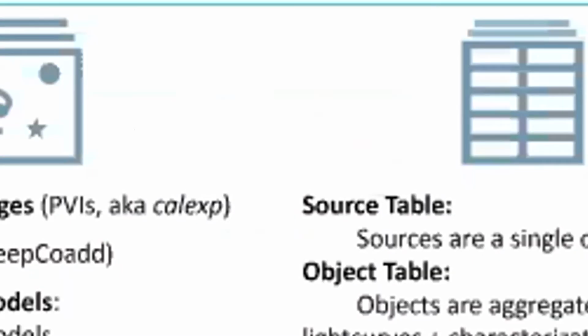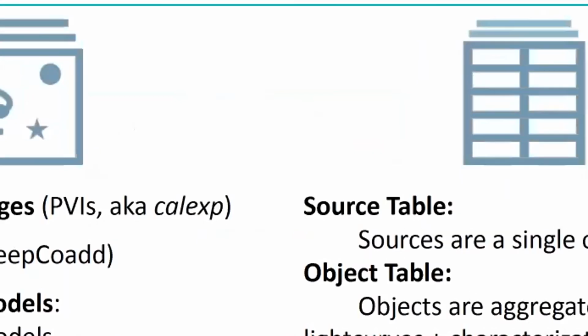Okay, so images and catalogs. Processed visit images are the official name for the single frame outputs. These are also referred to as CalExps, or calibrated exposures. We also have co-added images, deep coadds and deep coadd CalExps, which I'll talk about later, and then a whole bunch of additional models. So you can see, for example, PSF models, which are very useful for some of your modeling efforts.